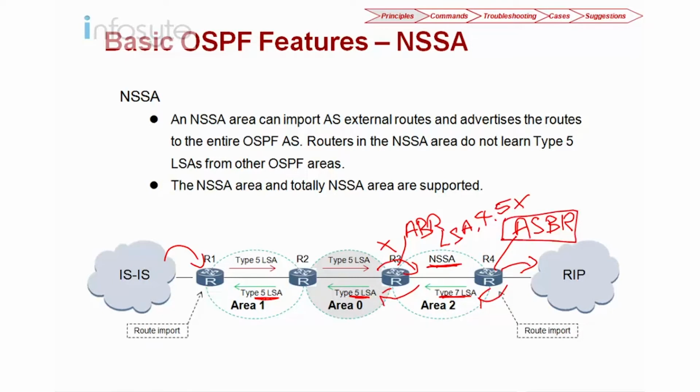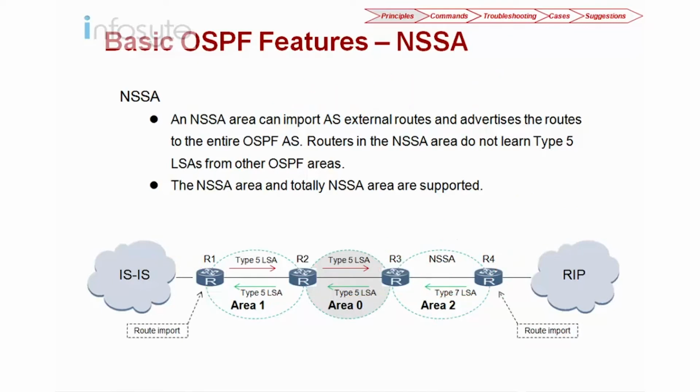So only R4 will generate the LSA type 7. This is the difference when you compare the NSSA and the stub areas. NSSA always has a new LSA type called LSA type 7. This only happens on the ASBR routers.